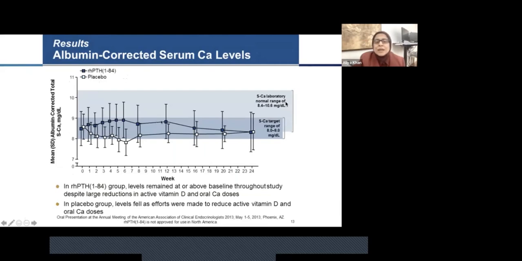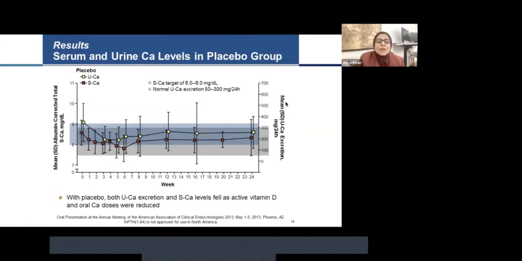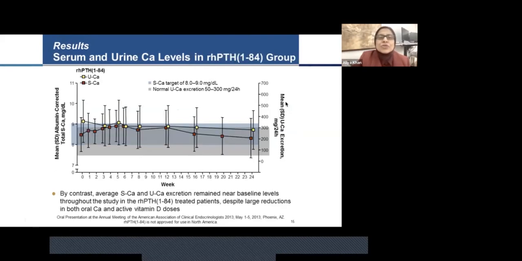In the PTH group, calcium levels were nice and stable. And in the conventional therapy group, there's some drops here as we're trying to get them stabilized with the study medication, and then the calcium levels stabilized. And the urine calcium did go down in the placebo group, which was the active vitamin D group, as well as the PTH group.